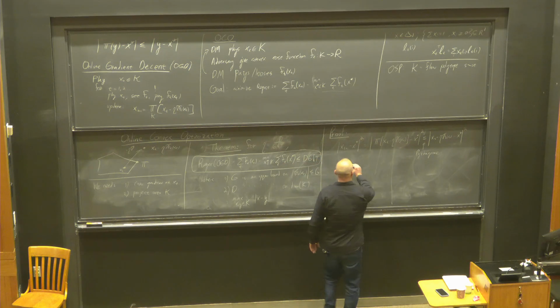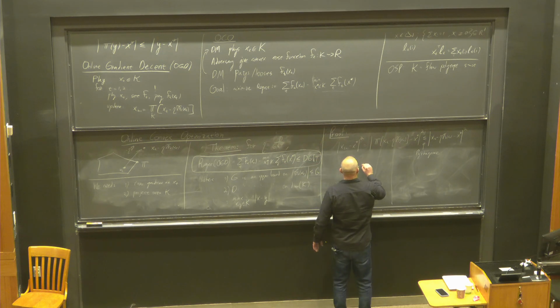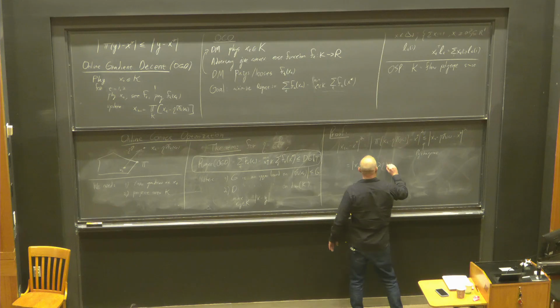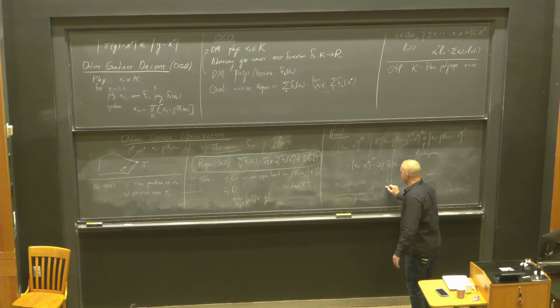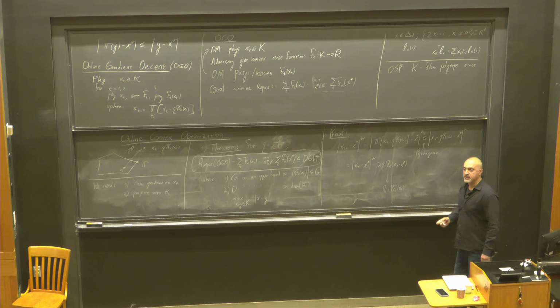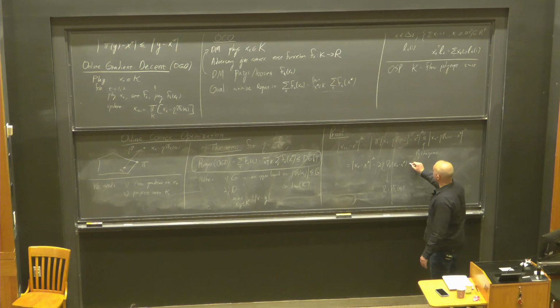And this is equal to the norm squared of x_t minus x star, minus 2 eta gradient_t transpose times x_t minus x star. Here I'm denoting by gradient_t the gradient of f_t at x_t, just for simplicity of notation, plus eta squared times the norm of gradient_t squared.